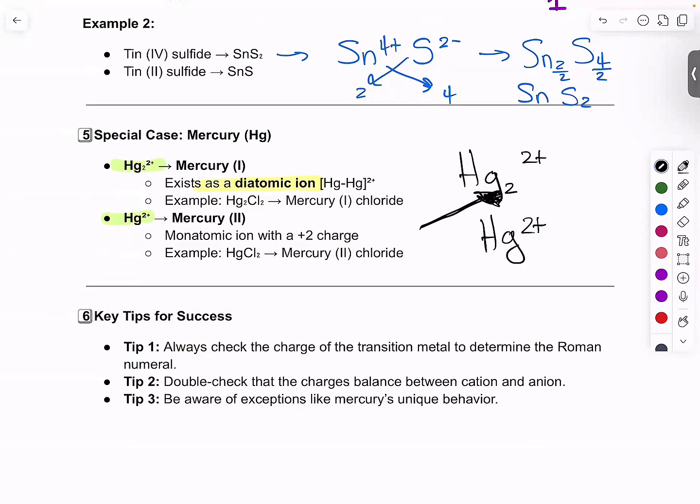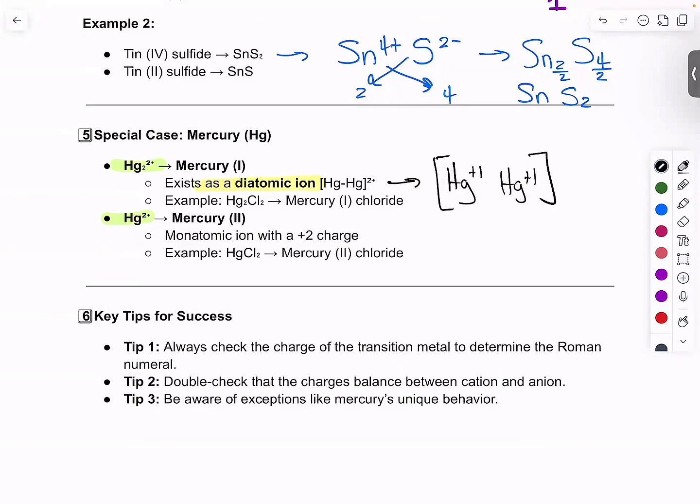You can almost look at it like this. Think of it as Hg +1, Hg +1, and we'll net an overall 2+. Okay, and that's where we get the 1. That's how I look at it.